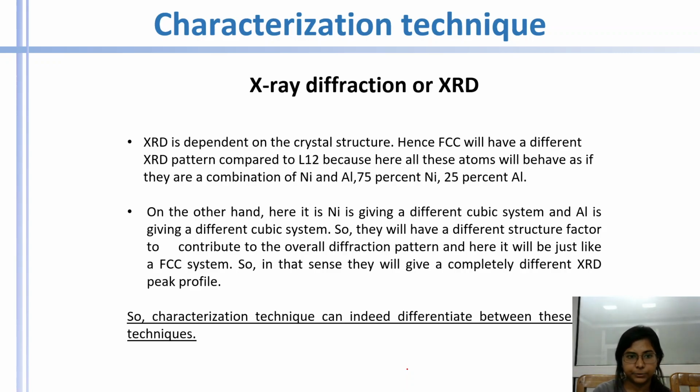On the other hand, if it were the ordered structure, then it is a different crystal structure altogether, and the combination of nickel and aluminum will give a different cubic system.